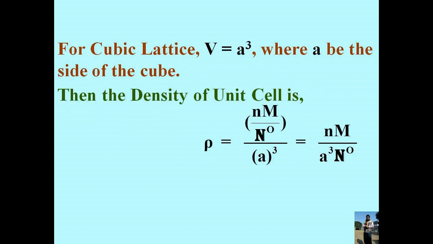For a cubic lattice, capital V equals a cube, where a is the side of the cube. Then the density of the unit cell is rho equals small m by capital V equals small n into capital M by N0 by a cube equals small n into M by a cube N0.